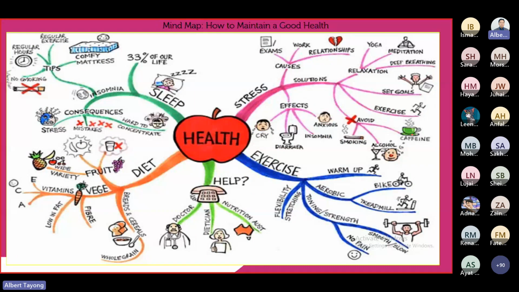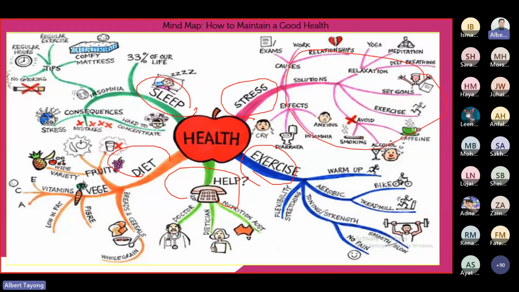Okay, this is an example of a creative mind mapping talking about health, how to maintain good health, for example. So we have stress as one of the factors that affects our health, sleep, diet, health, exercise. So in your test, try to be clever, try to use your time, okay, try to expand using sub-branches.